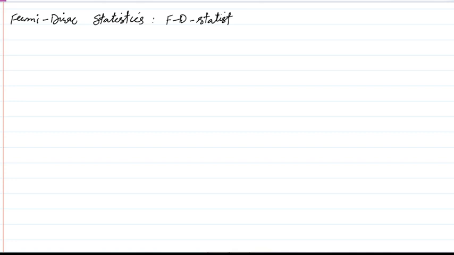So the particles which obey this are basically indistinguishable.